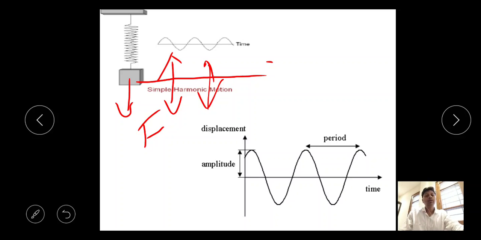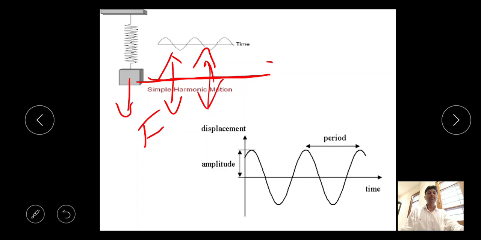So that is about vibration. What is vibration? It is a to and fro motion of a particle from an equilibrium position. This center line is called the equilibrium position. From here, the up and down motion is called vibration.